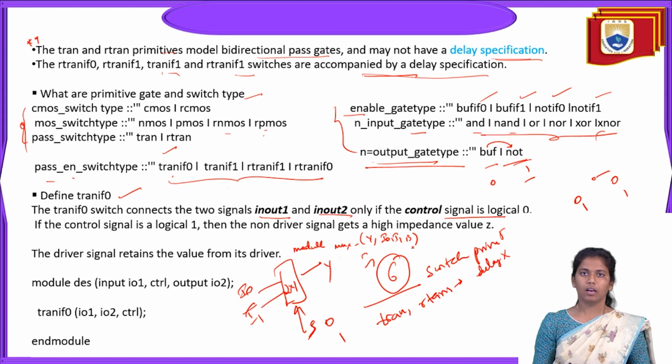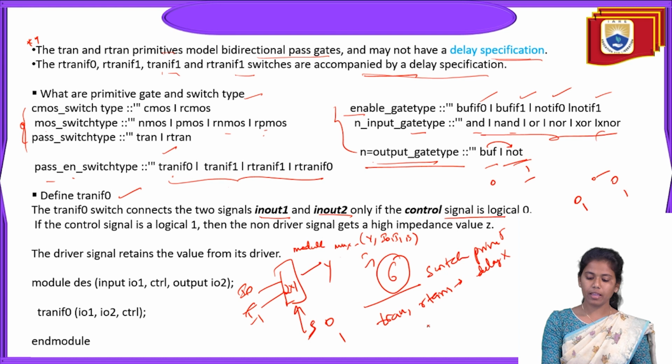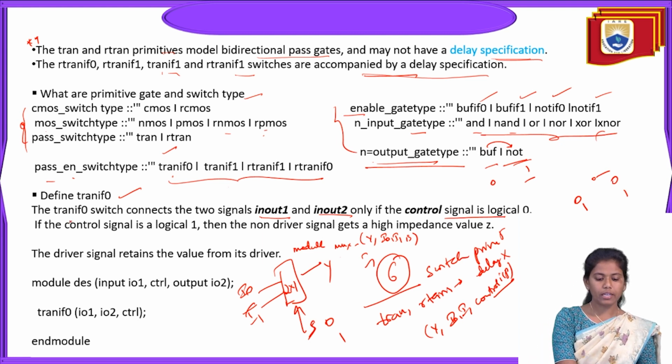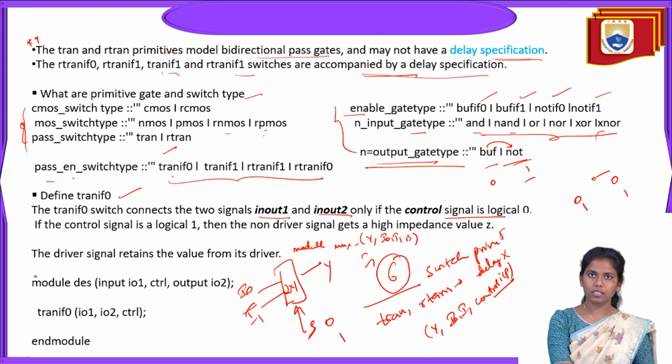Similarly, in switch level modeling, in the port list we write the inputs, output and inout ports, in terms of Y, I0, I1 and the control input. Based on the control input, the output is observed. So tranif0 is a switch which connects two signals, inout1 and inout2.